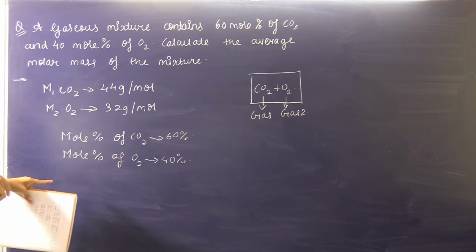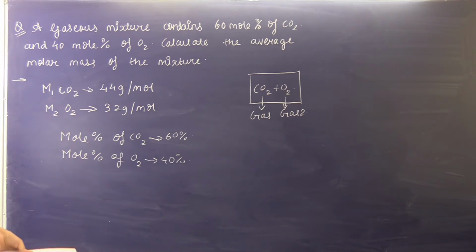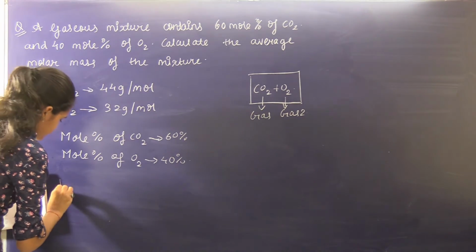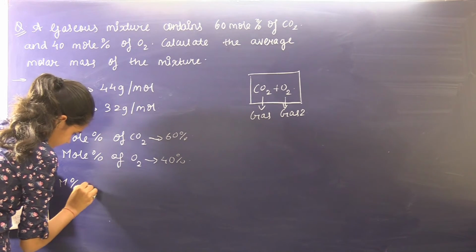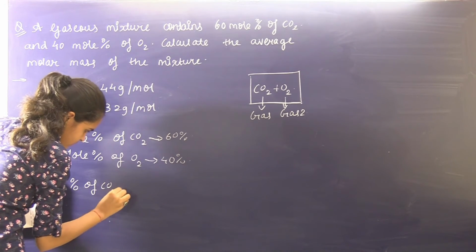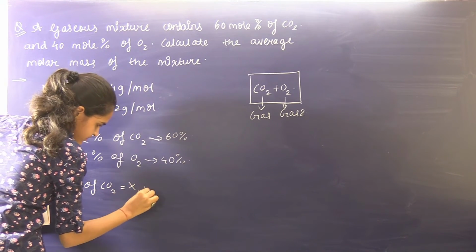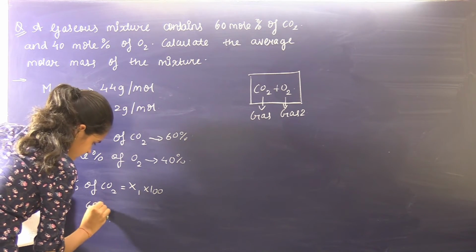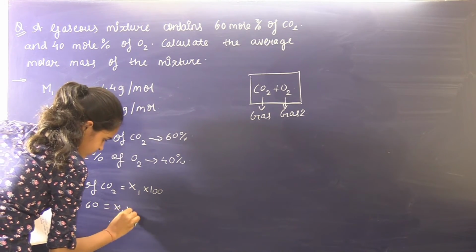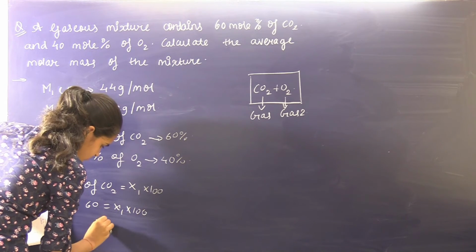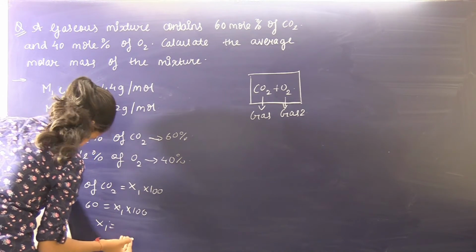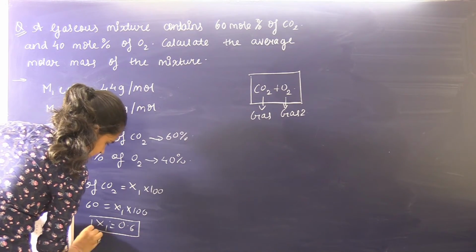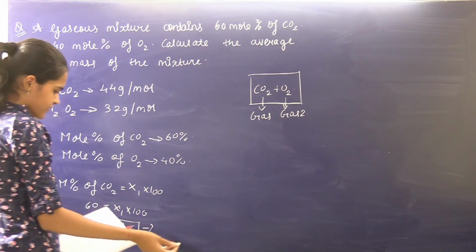So mole percent of CO2 is equal to chi into 100. So 60 is equal to chi into 100. So chi is equal to 0.6. This will be mole fraction of CO2.